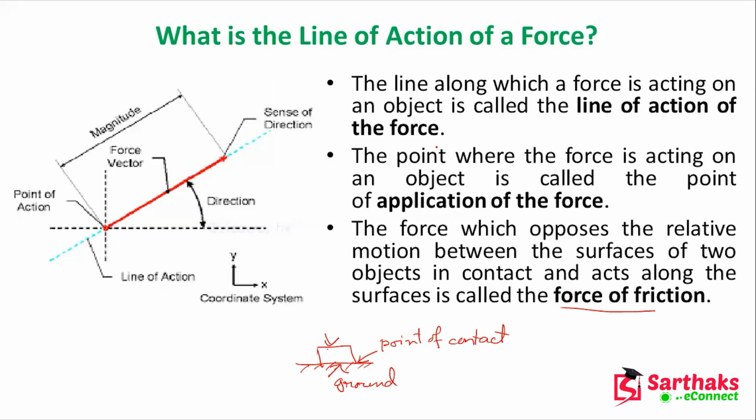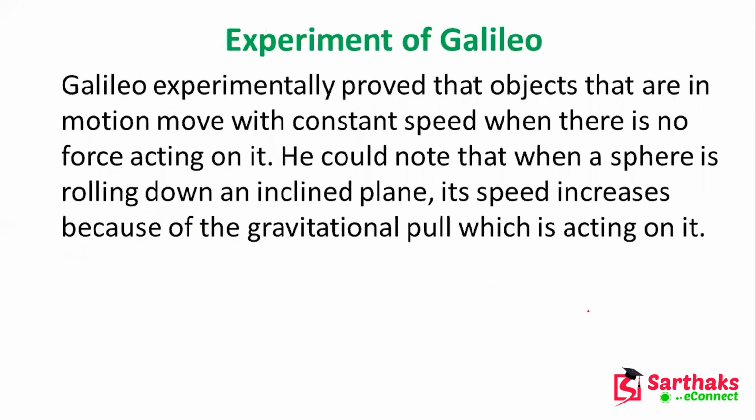Okay. So now it is very clear: line of action, along which line you are applying the force, at which point you are applying the force, that is very important, and frictional force is also important.